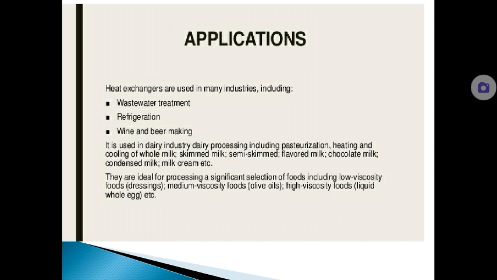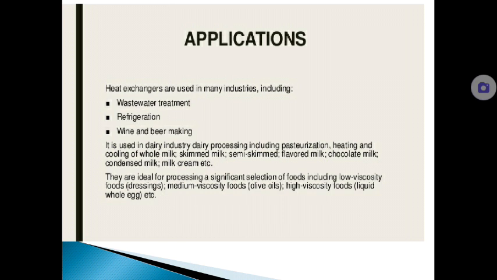Now, what are the applications of this kind of heat exchanger? Previously, we have learned that it has different domestic as well as industrial applications. Again, we will see some: wastewater treatment, refrigeration systems, as well as the processing industry, in which wine and beer making industries.